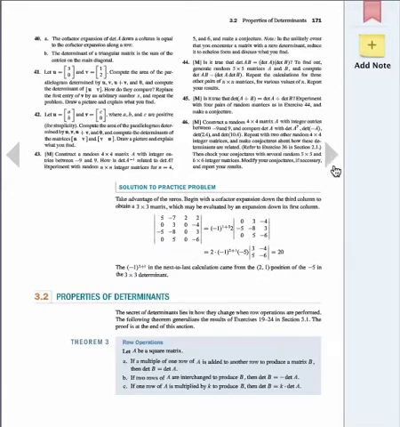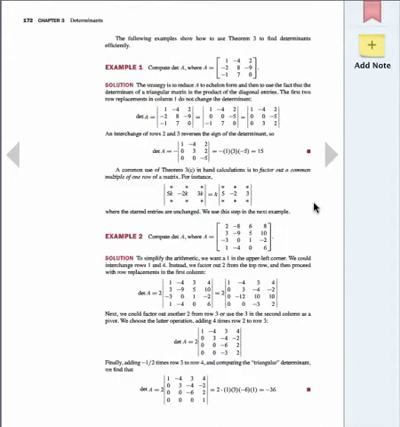Let's move on to section 3.2, which is properties of determinants. And the main theorem here is theorem 3, which is exactly how do row operations affect determinants. Make sure you understand that theorem, and I would work through the examples after this pretty carefully.